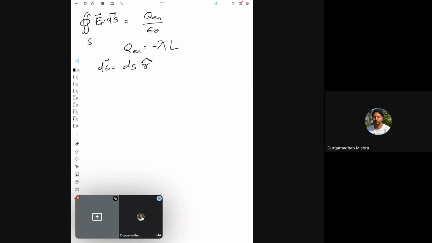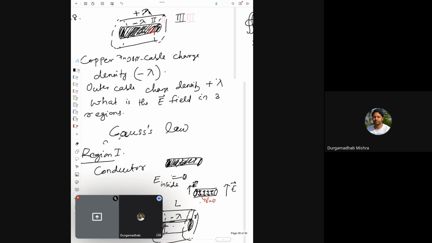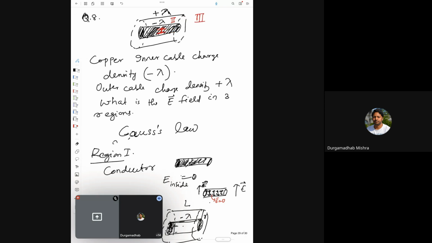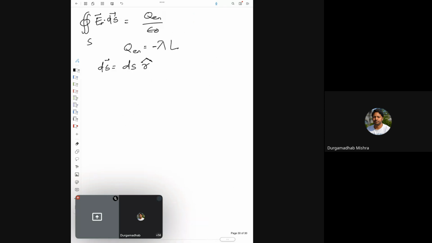Okay, so this is again the cylinder. If you look at the surface area vector of a cylinder, it will be radially outward. So this is my cylinder, and it is radially outward. Okay, so this is the surface area.